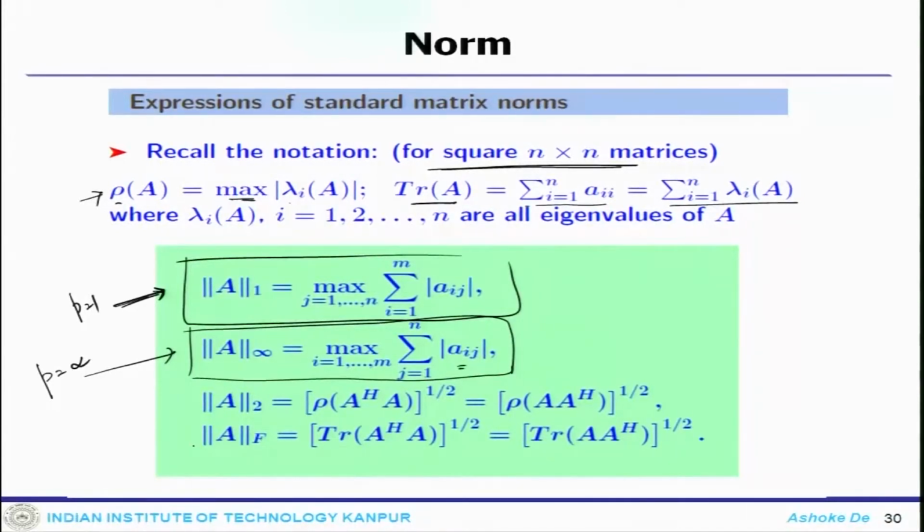One can represent the L2 norm as the square root of the spectral radius of A Hermitian A. Whatever matrix you have, the Hermitian matrix and this matrix, some sort of dot product, and the square root of that can be represented as the spectral radius of A Hermitian A, square root of that thing.